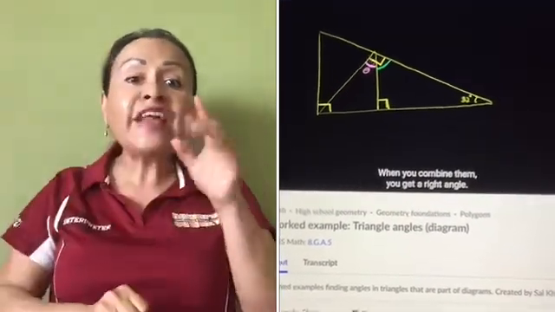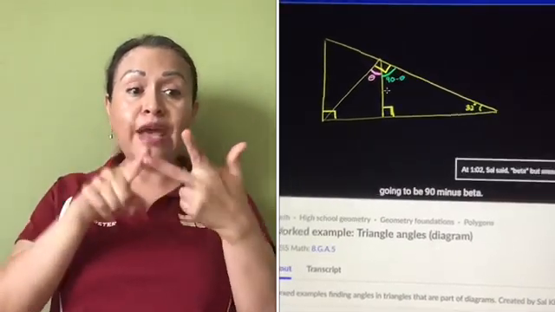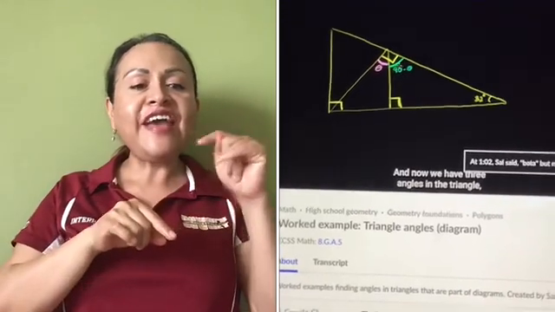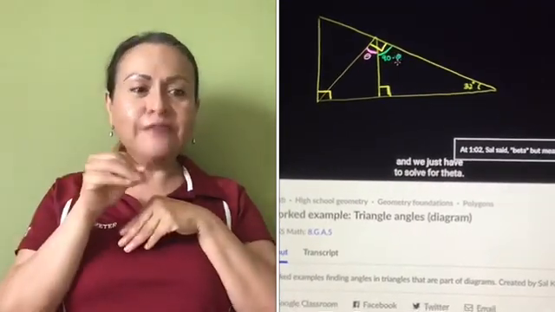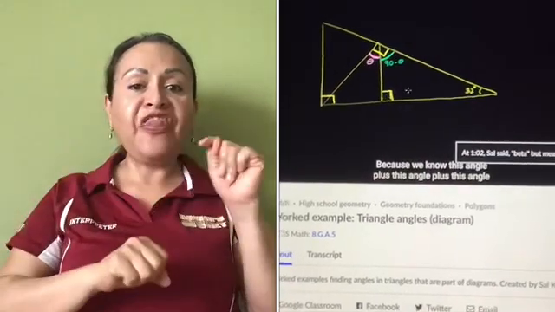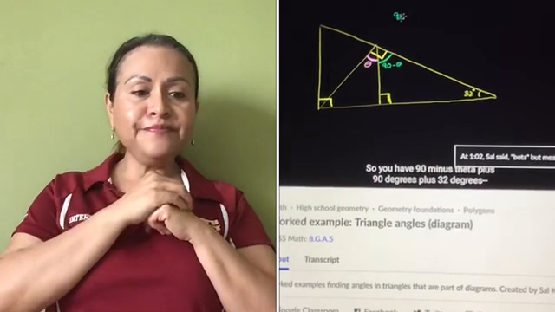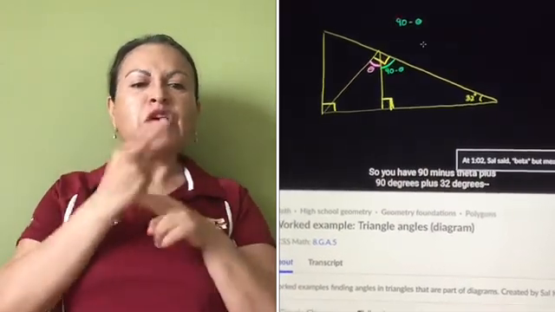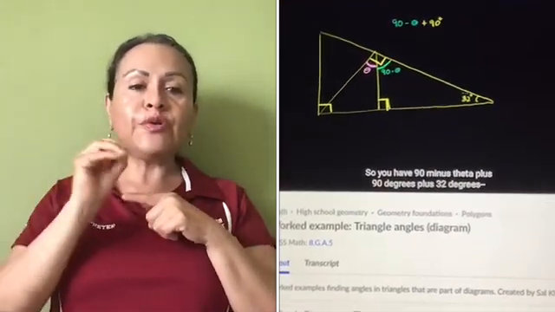And now we have three angles in the triangle, and we just have to solve for theta, because we know this angle plus this angle plus this angle are going to be equal to 180 degrees. So you have 90 minus theta, plus 90 degrees, plus 32 degrees, is going to be equal to 180 degrees.